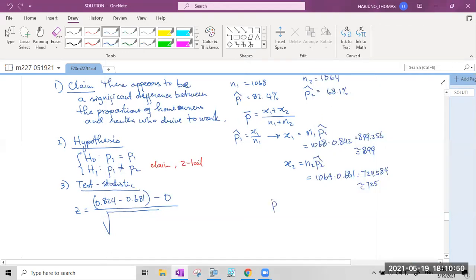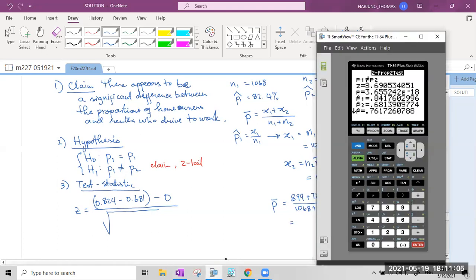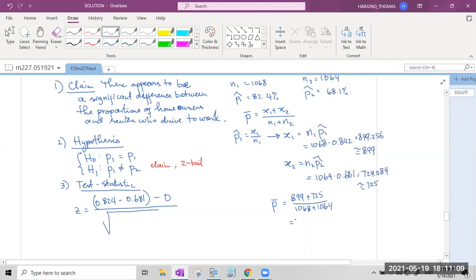So P bar is 899 plus 725 over 1068 plus 1064. My P bar is 0.76173.